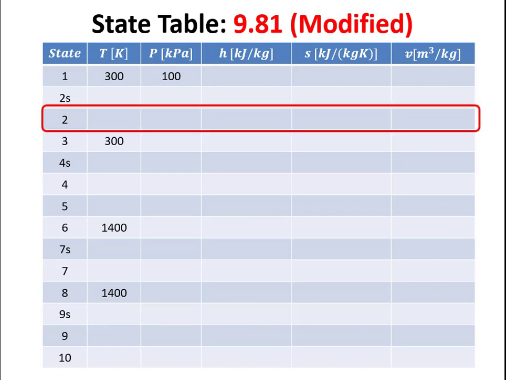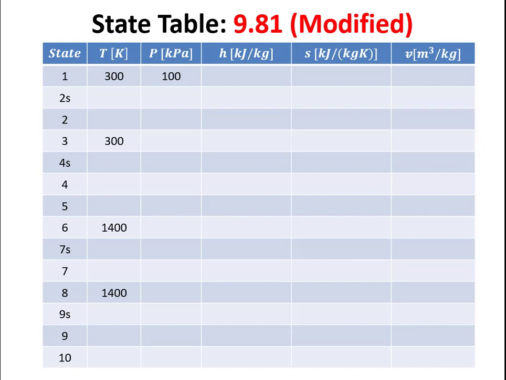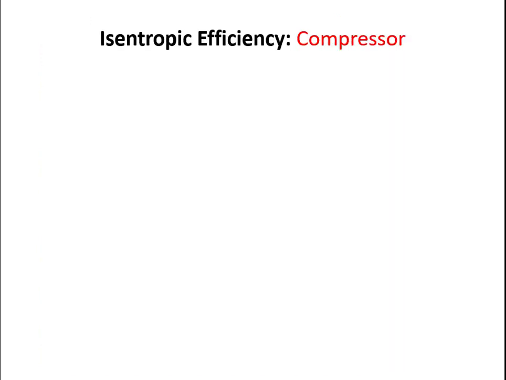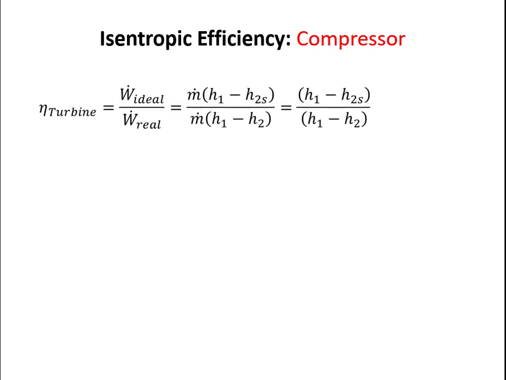Now, if I fixed T2s, then I want to move from state 2s to state 2. So now I need to know the isentropic efficiency for the compressor. I've written it for the turbine, but for the compressor, the ideal compressor consumes less power than the real compressor. So the equation is right, even if the efficiency has the wrong subscript.